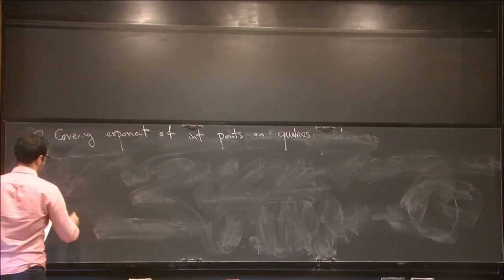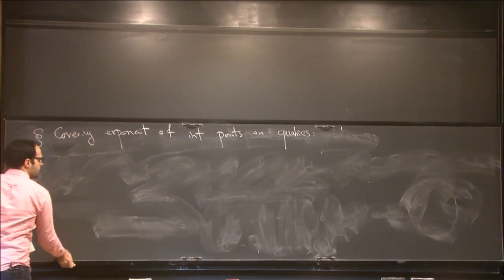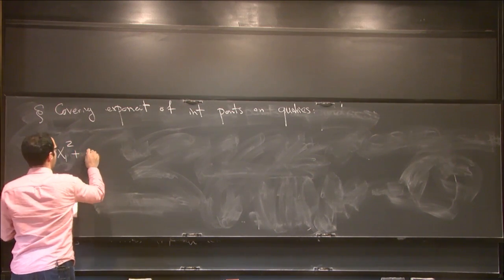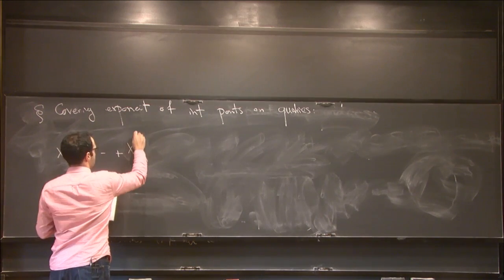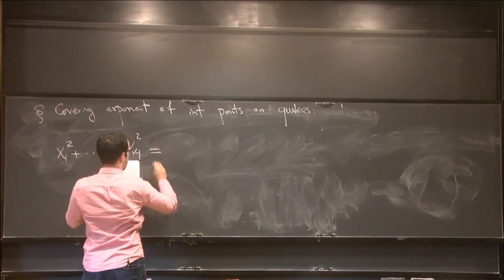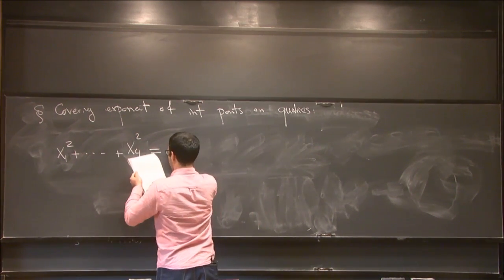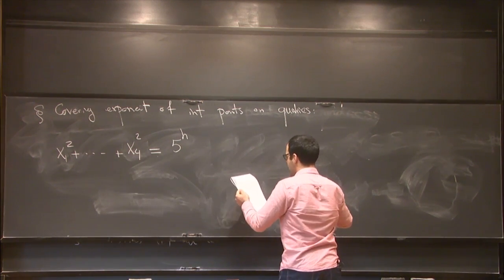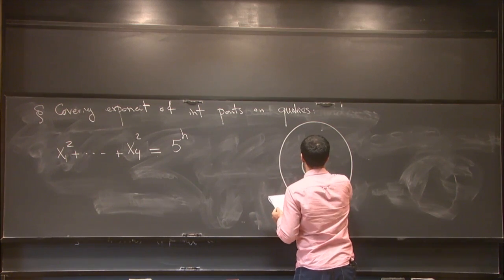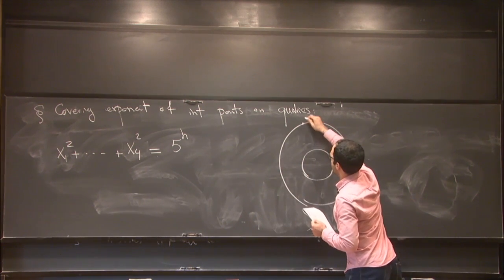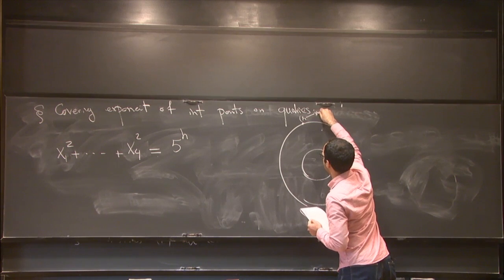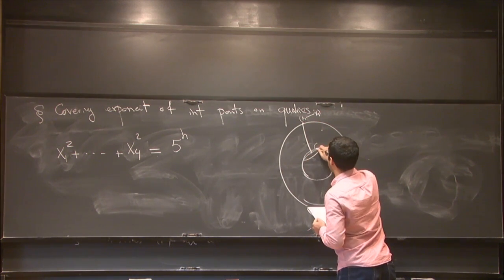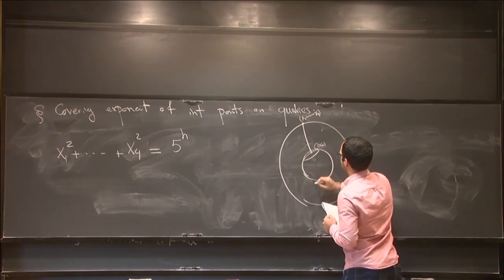The algorithmic problem that I wrote is equivalent to this problem. We want to represent 5 to the h as a sum of 4 squares such that this x1 to x4, if I project it down on the unit sphere, lies in the cap of size epsilon.